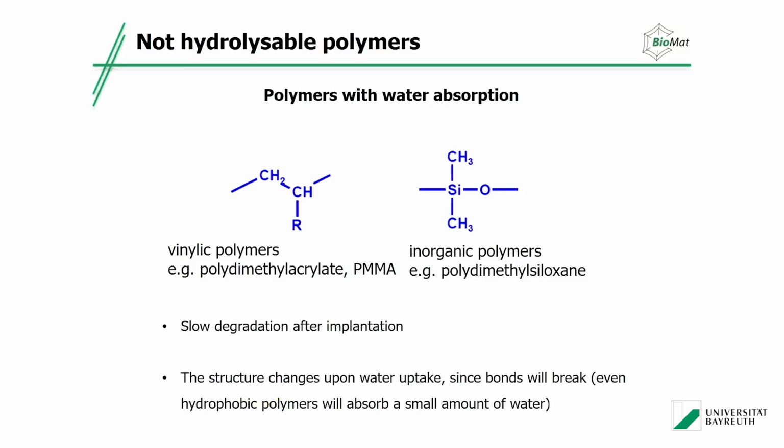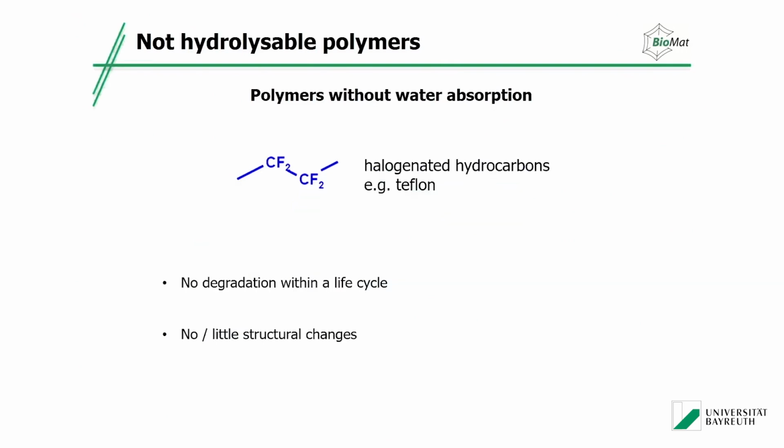What happens here is these molecules, they still have affinity for water. And this is pretty much similar to what we've discussed with the hydrogels. Just the water uptaking abilities are much smaller. But what happens is that water can interpenetrate in between the polymer strands, and this will lead to structural changes, slowly.